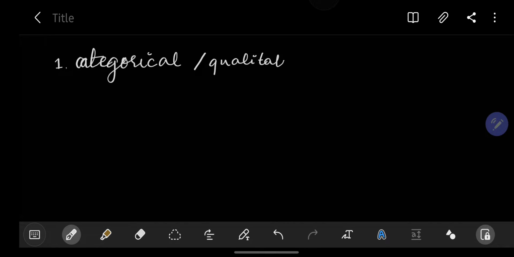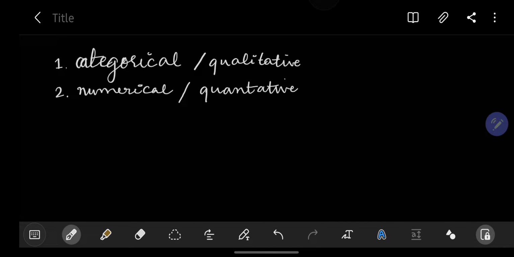First is categorical, which can also be called qualitative, and the second type of variable is numerical, or we can say quantitative. First we will be talking about the categorical one.